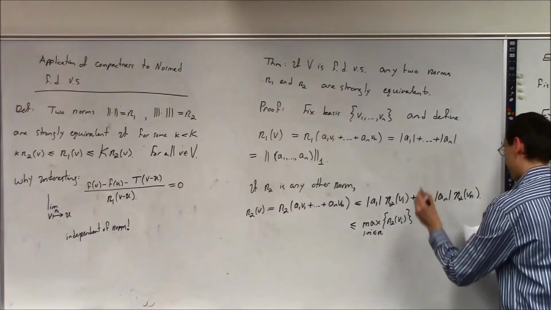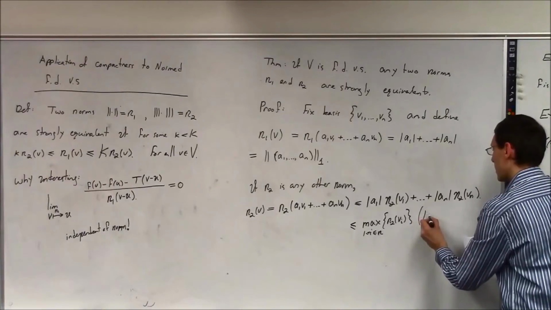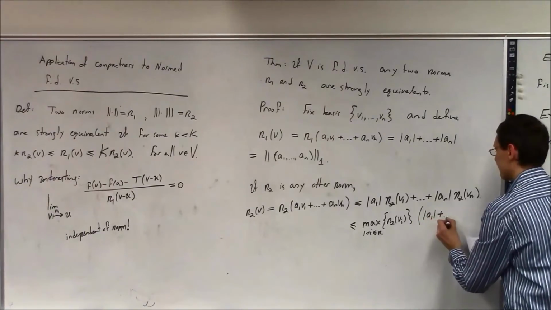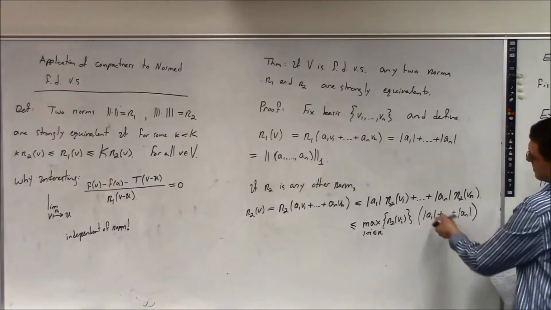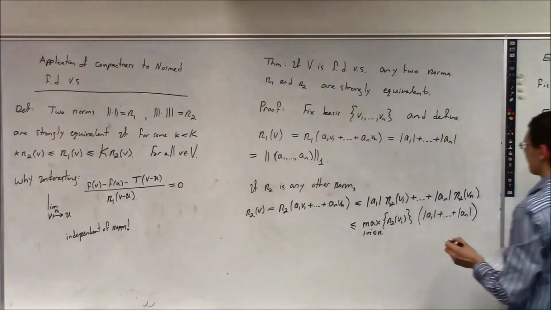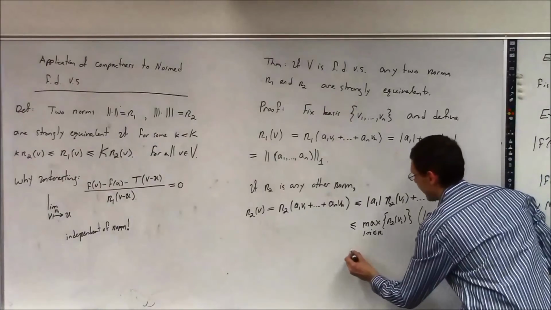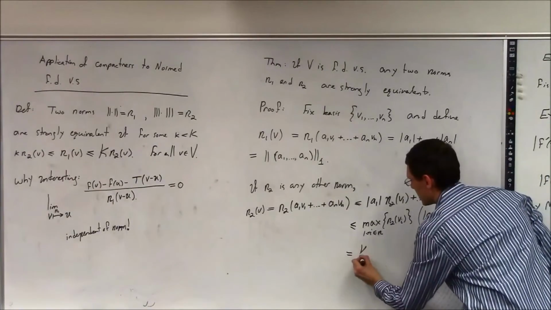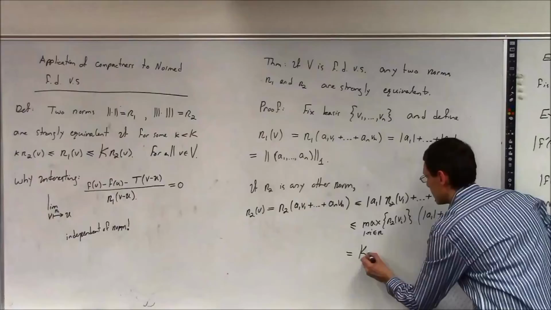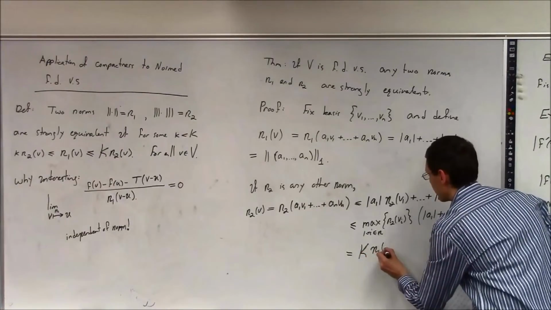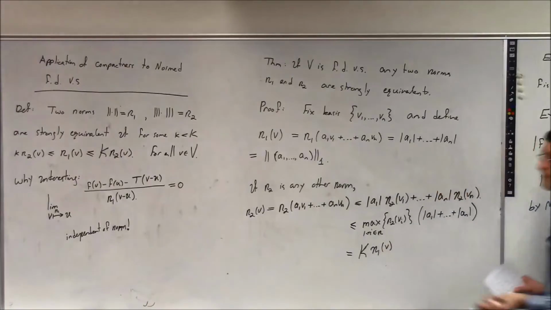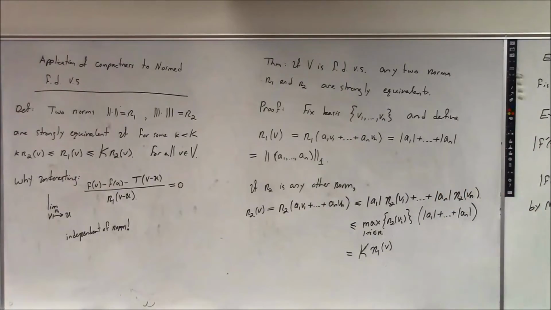Times the L1 norm, exactly. So let's call this maximum the big K, and we get K times the n1 norm. Okay, so one direction is very easy. Now the other direction requires compactness.